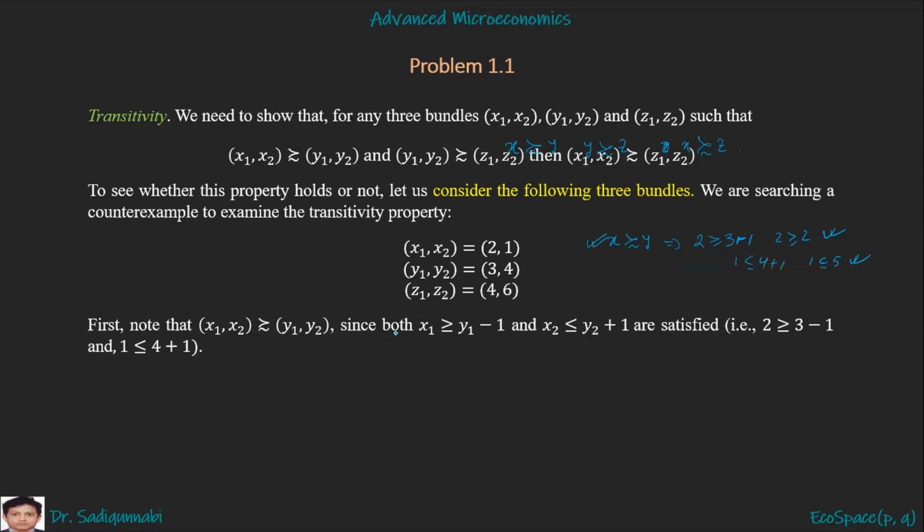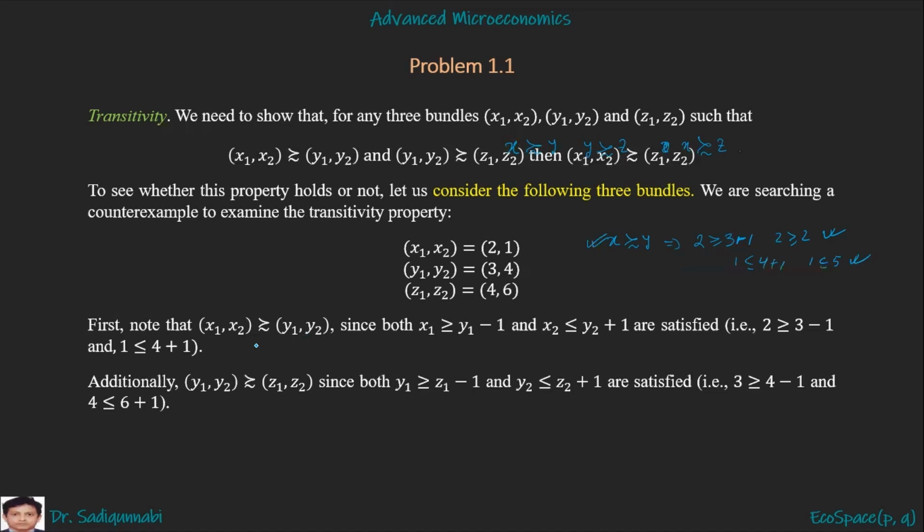Let's see the preference relation between y and z. Here we apply the same rule and same condition and find that for the first component, 3 should be greater than or equal to 4 minus 1.